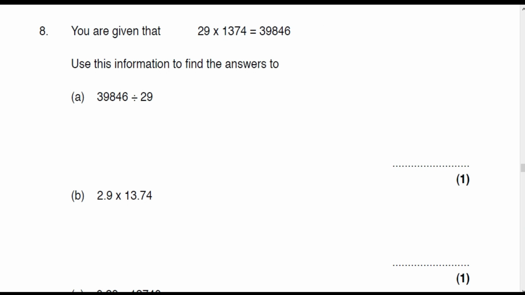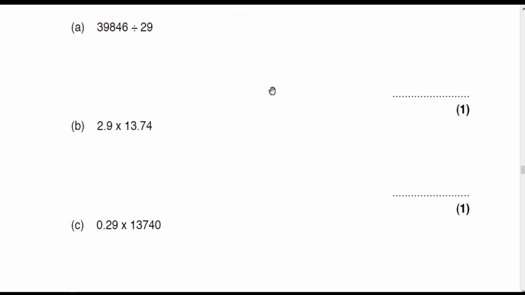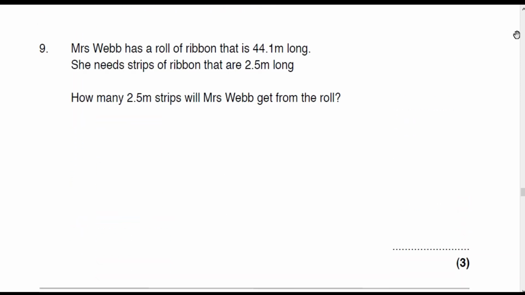Alright, so let's move to the next question. Okay, so here we have a word problem. And what is she saying? Mrs. Webb has a roll of ribbon that is 44.1 meters long. For example, this is something which is 44.1 meters long.